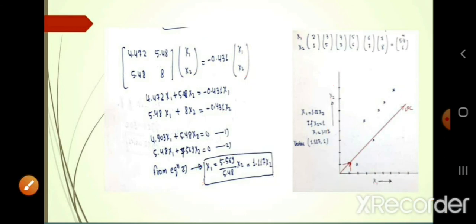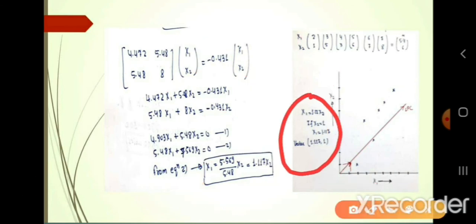Now we'll plot these x1 and x2 variables in this graph. We have plotted all the values like 2 comma 1, 3 comma 5, 4 comma 3, 5 comma 6, 6 comma 7, and 7 comma 8. Now we know the relation between these two variables is in this form.